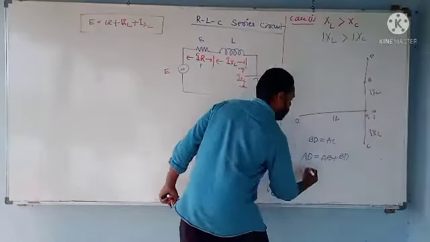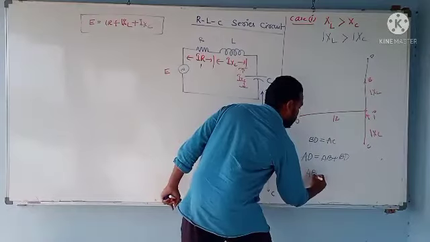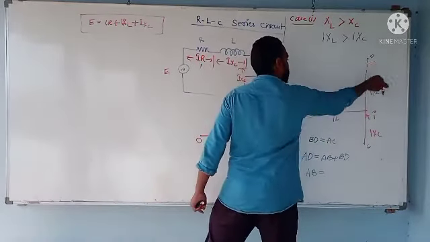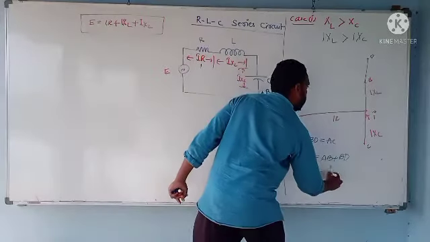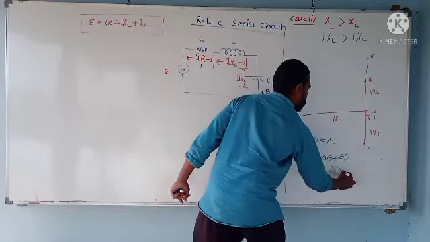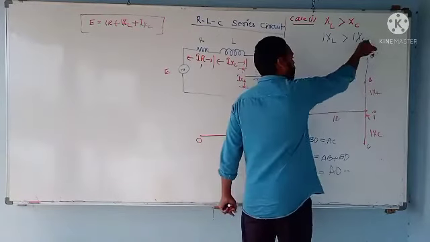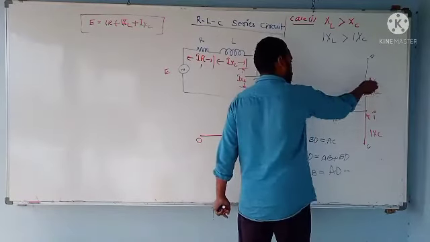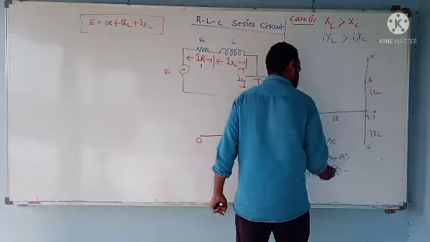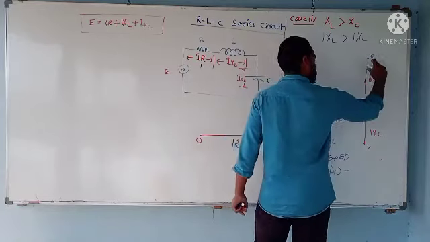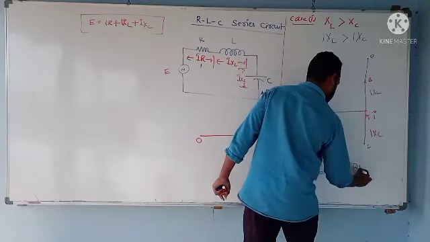So AB is equal to this total, AD minus... If I want to calculate this portion, AB is equal to AD total minus this portion, so BD.